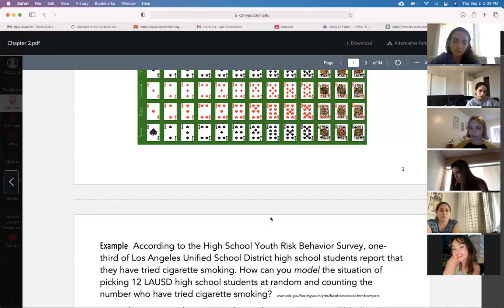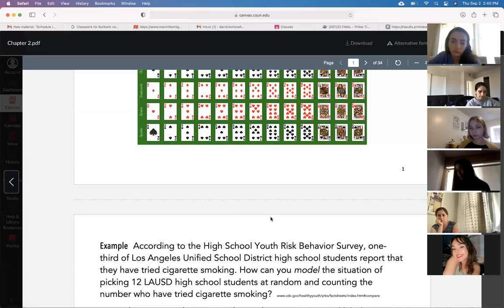Have you smoked? And I'll get maybe 5 of them, 6 of them, 3 of them, 2 of them, whatever, who'll say yes, I've smoked. And I'll have this data that represents how many in 12 smoke. But if it's really true that 1/3 of them smoke, I don't actually need to pick them.